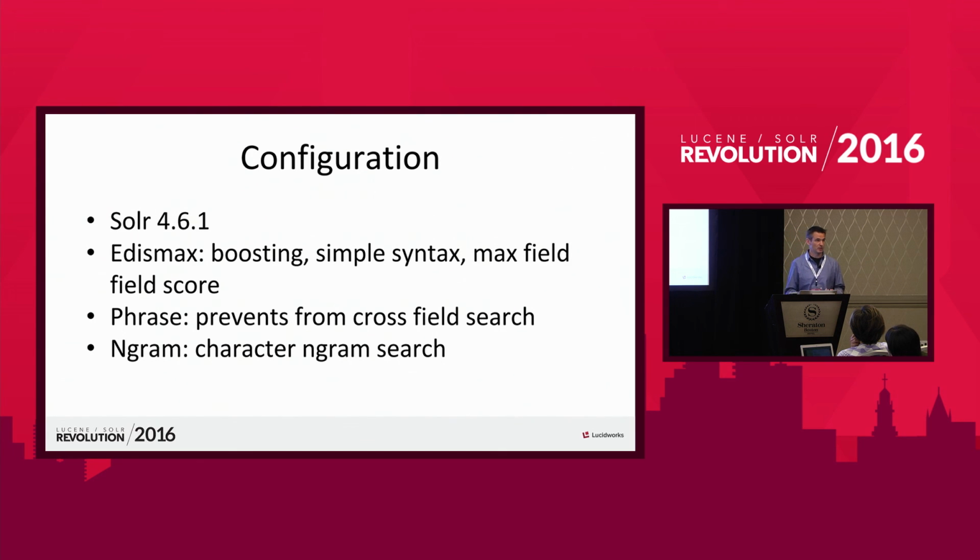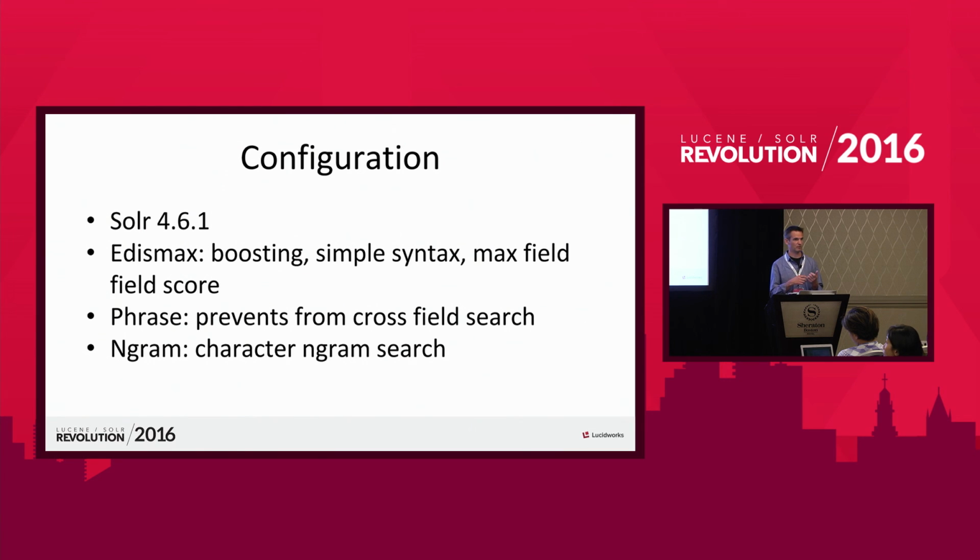So we're currently using Solr 4.6.1. We're in the process of migrating to 5.5.2. And I would like to just briefly describe these three things that I think are pertinent to our discussion. We're using the EDismax query parser. It does provide nice functionality for boosting with pretty simple syntax, and then the max field score, which is something that we really need.